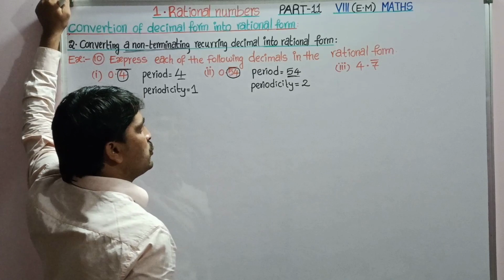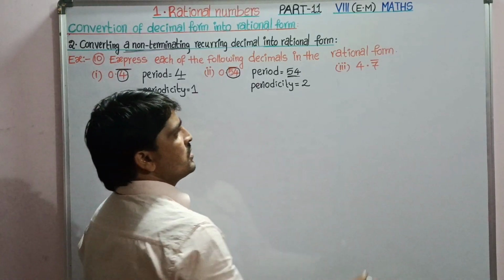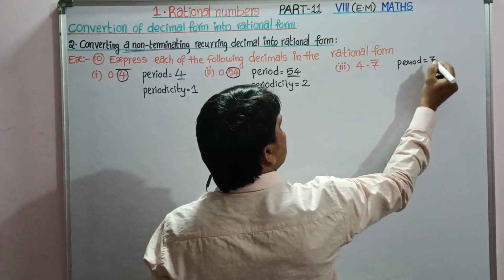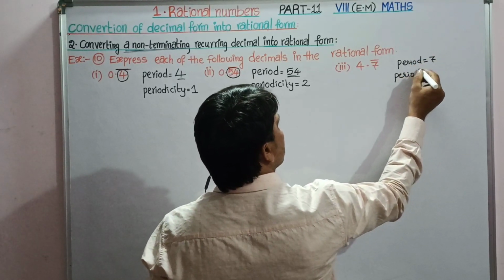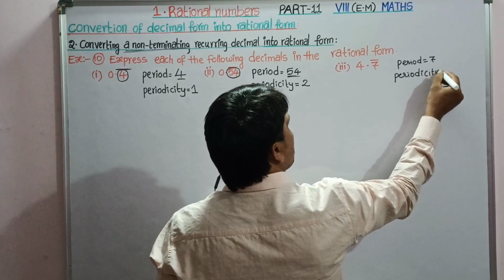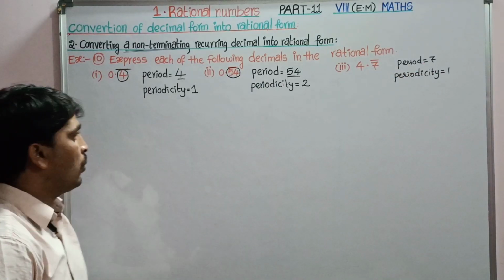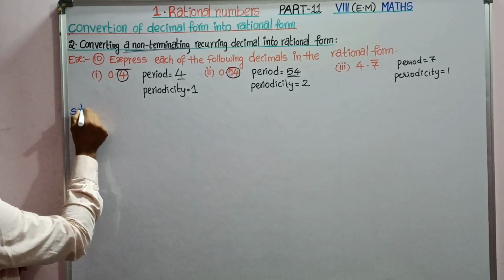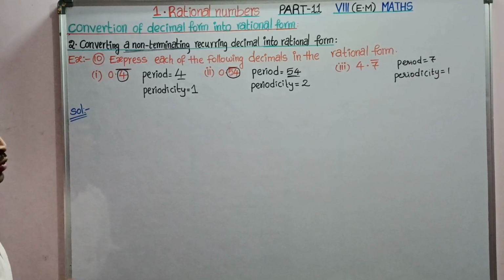So the periodicity of 0.54 bar is 2. Similarly, here the period is 7 and the periodicity is 1. Okay, leave it. Now come to the solution of 0.4 bar.